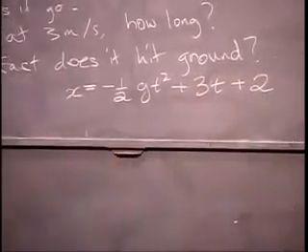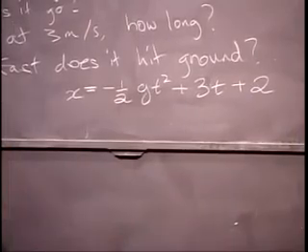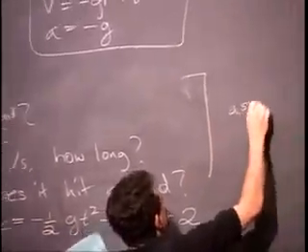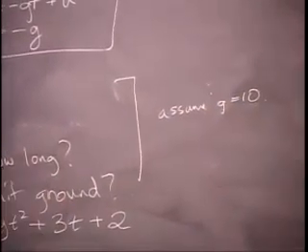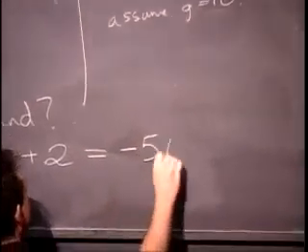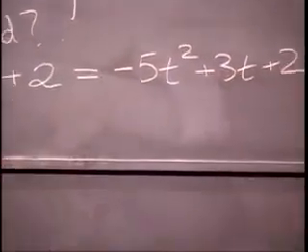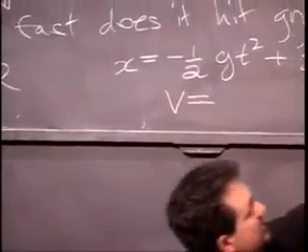And actually, I'm going to take g equals 10 for simplicity. So imagine that g is 10. So that would be given. Assume g equals 10. All right. So this is actually minus 5t squared plus 3t plus 2. And if you know that, even if you forget the formulas, you can just differentiate to get v.